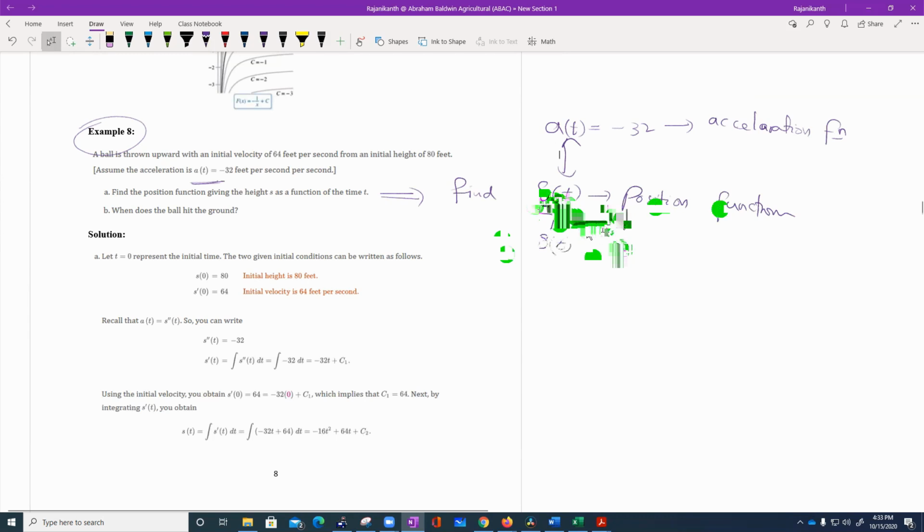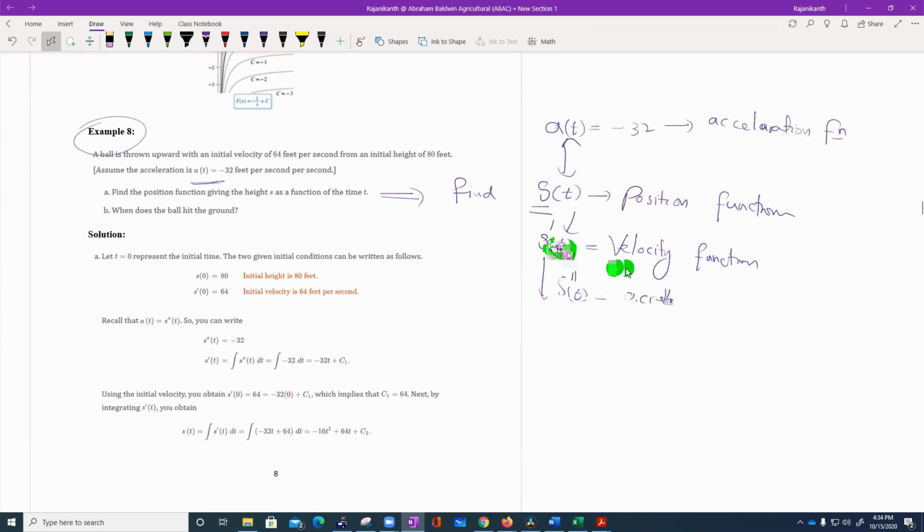The derivative of the position function is the velocity function, right? If you take one more derivative of the velocity function, that is s double prime, which is called the acceleration function. So s double prime is basically going to be the acceleration function a(t). So this is the relationship we have. s double prime of t is always a(t).